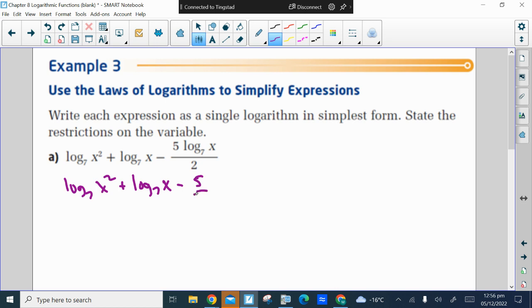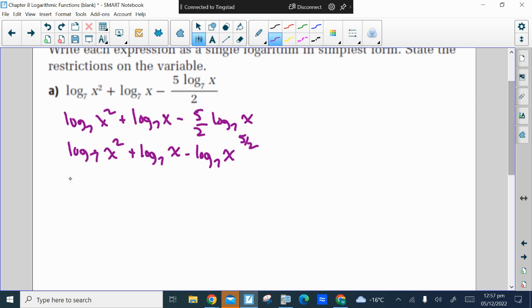So we can write that 5/2 as a coefficient if we want, which allows us then to use the power law of logs to bring that coefficient up as an exponent, which is something that needs to be done before you can use the laws of logs to combine. So the coefficient of 5/2 comes up as an exponent. And now we can use the appropriate laws to combine.